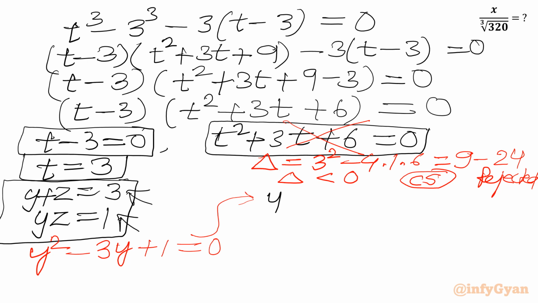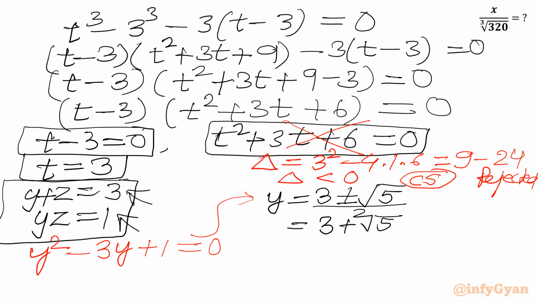So let us write y equal to minus b, so minus of minus 3 plus minus square root of minus 3 square, which is 9, minus 4, so square root 5, over 2. So we will get two values from here: 3 plus root 5 over 2 and 3 minus root 5 over 2.